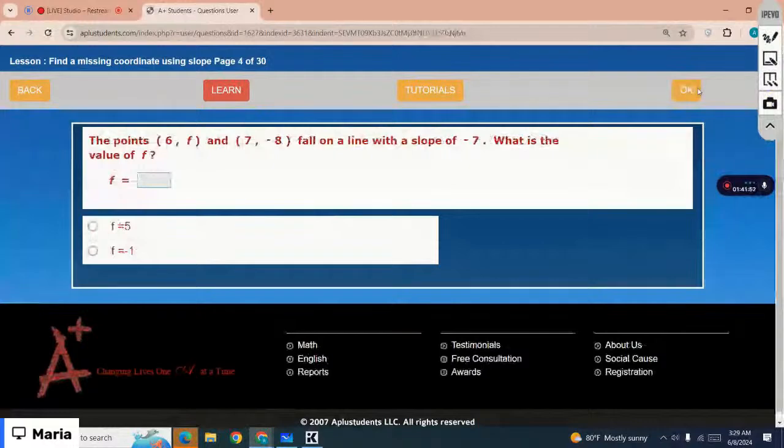The points (6, f) and (7, negative 8) fall on a line with a slope of negative 7.